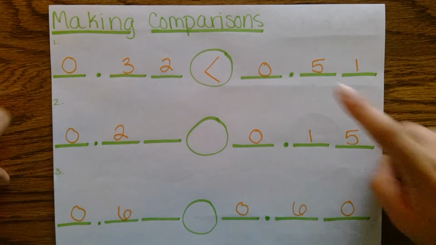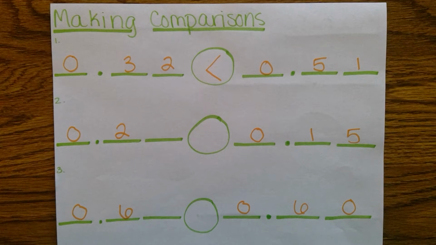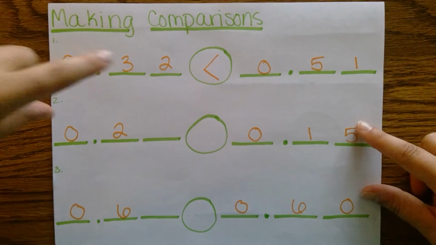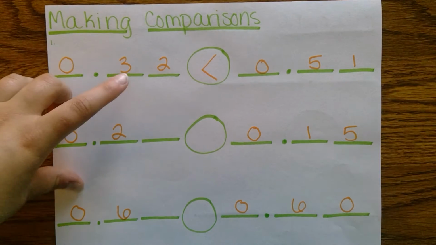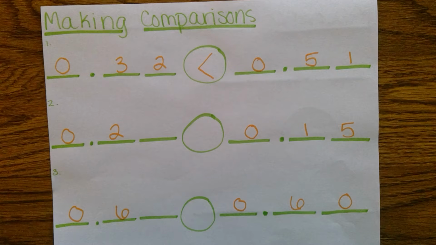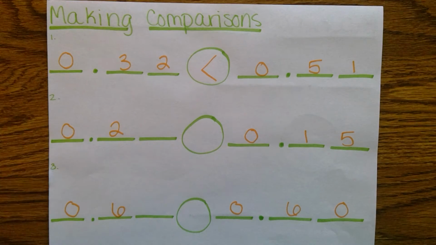We have a 3 and we have a 5. Now 3 is less than 5, so that helps us in the first part of the comparison. And then we look at our hundredths, 2 and 1. So the important part here is that tenths number because 3 is less than 5. So 32 hundredths is going to be less than, with the arrow pointing this way, 51 hundredths.